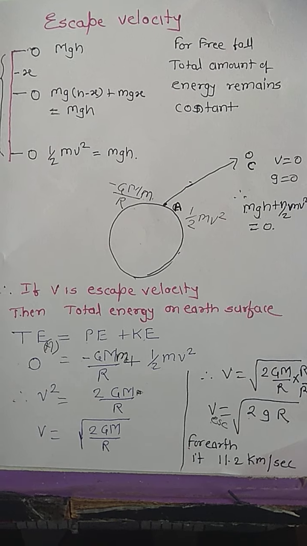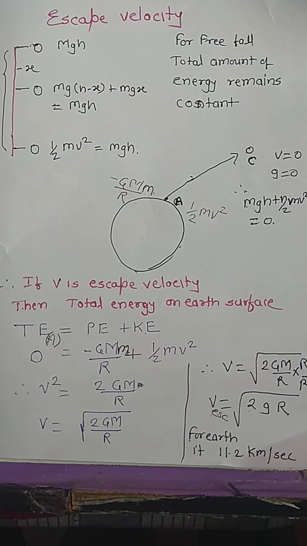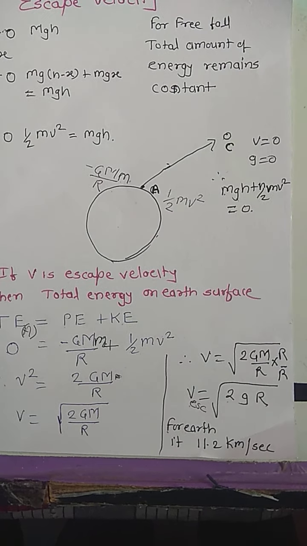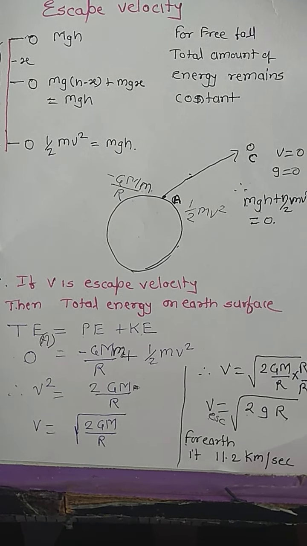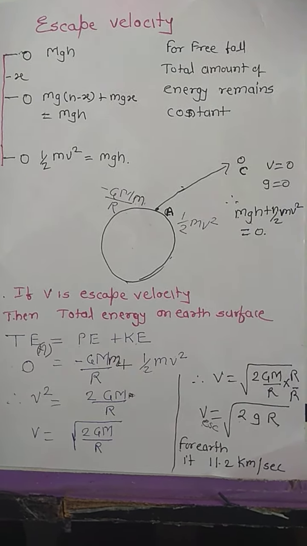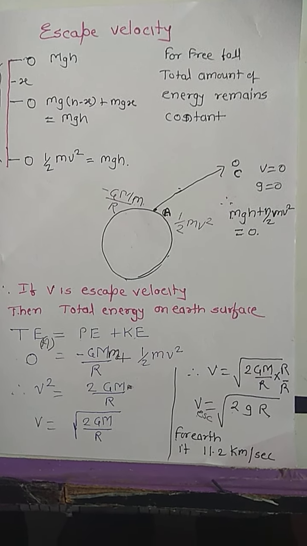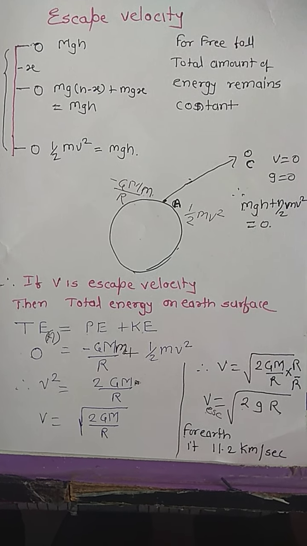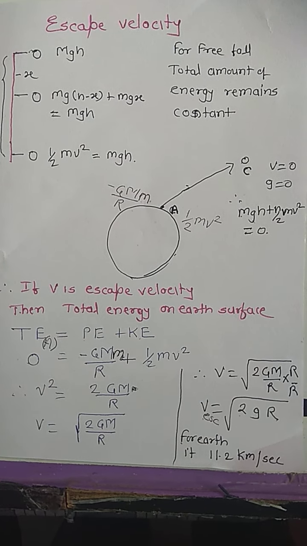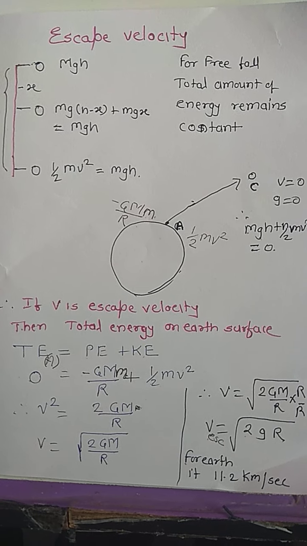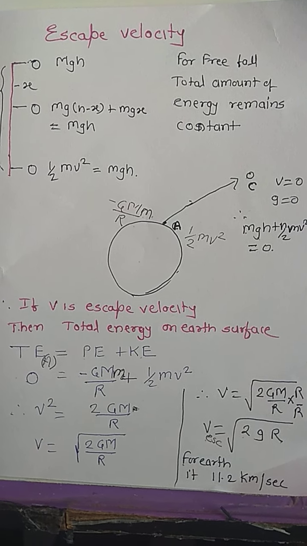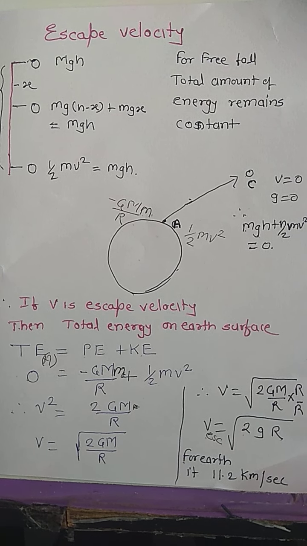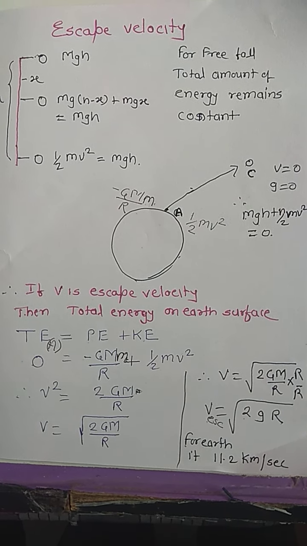Here, all of you can understand that value of escape velocity depends upon radius of the planet and gravitational acceleration of the planet. That is, it is directly proportional to square root of gravitational acceleration and radius. There is direct variation.